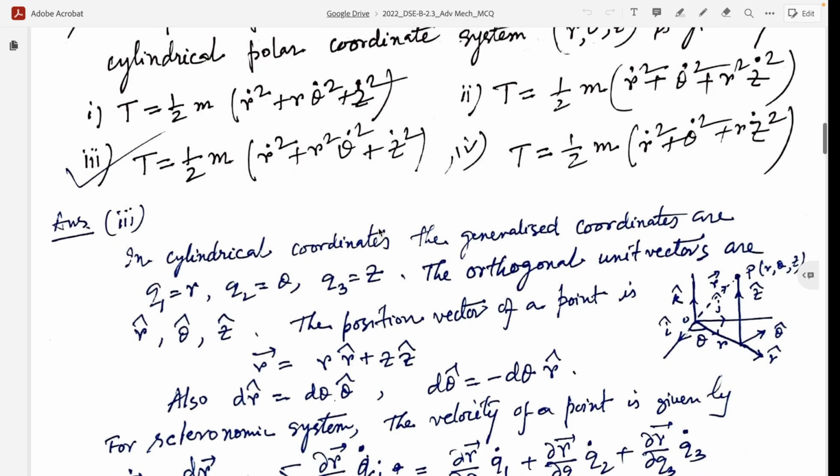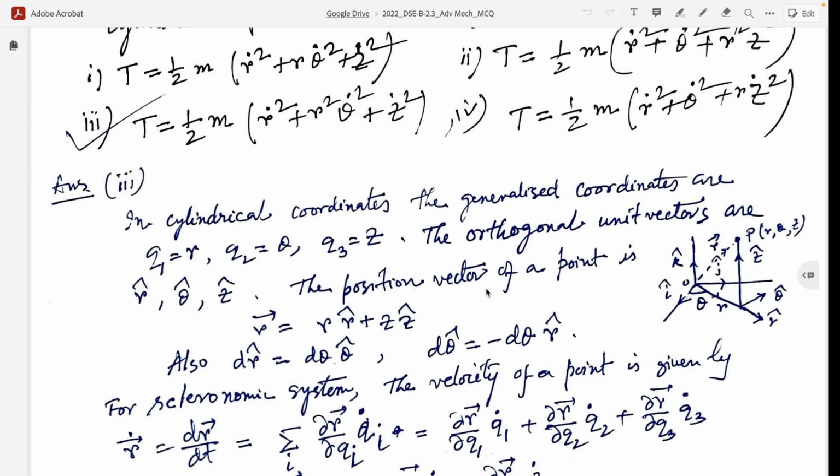In cylindrical coordinates, the generalized coordinates are q1 equals r, q2 equals theta, and q3 equals z. The orthogonal unit vectors are r cap, theta cap, z cap. The position vector of a point is r vector, equal to r r cap plus z z cap.